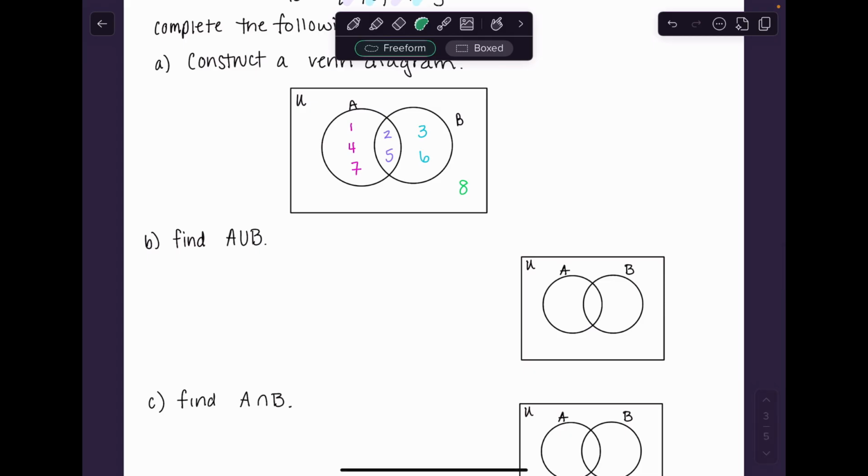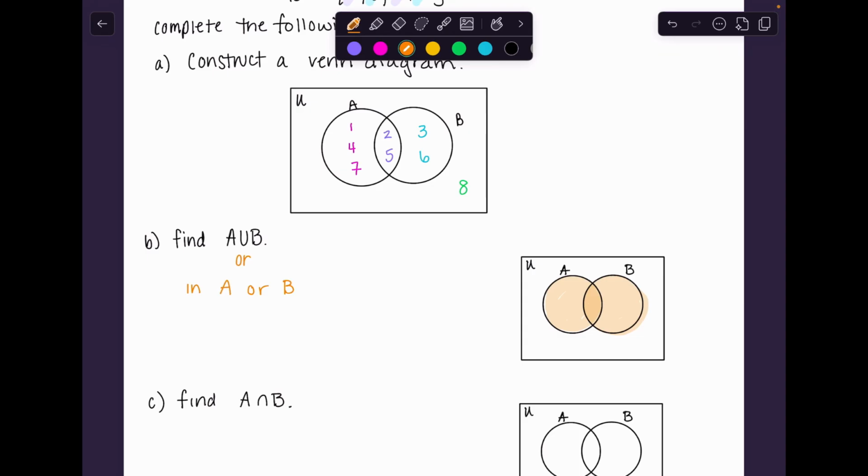So starting out with the union, remember this means or. So it's anything that's in A or B. If I think about that region, these are the things in A, these are the things in B. So anything in that shaded region belongs in the union.